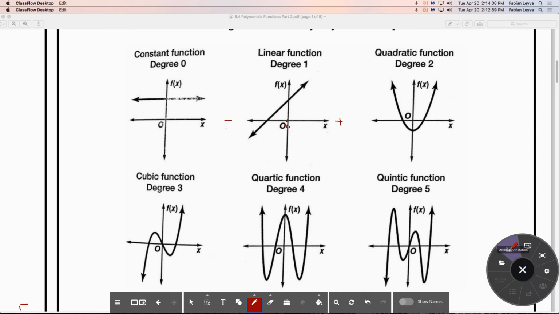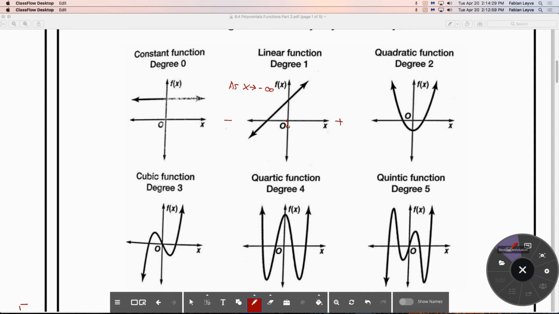So the way to describe the behavior of this graph going to the left, aka the negative, is to literally tell the reader, hey, as my x's go, and I'm going to say go with an arrow, to negative infinity. So as I go to the negative values, this is what my graph is doing.